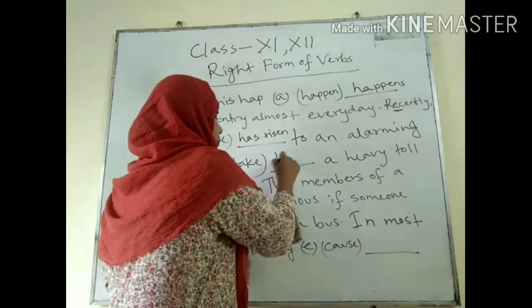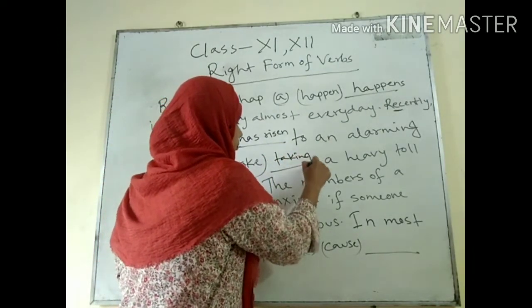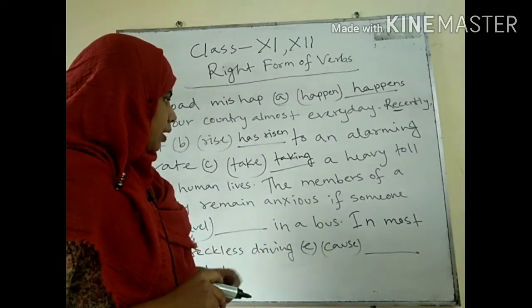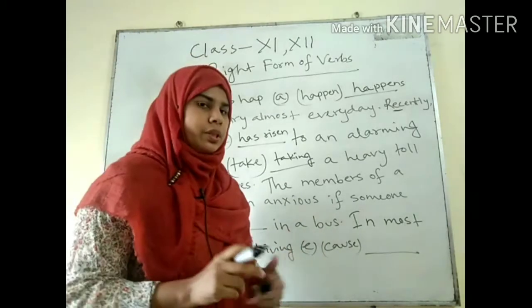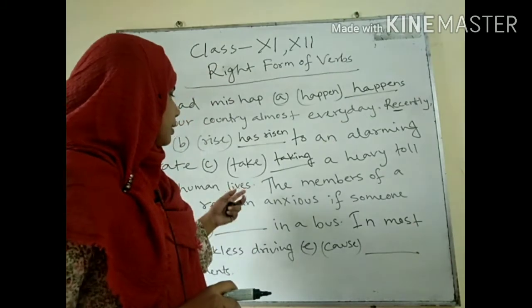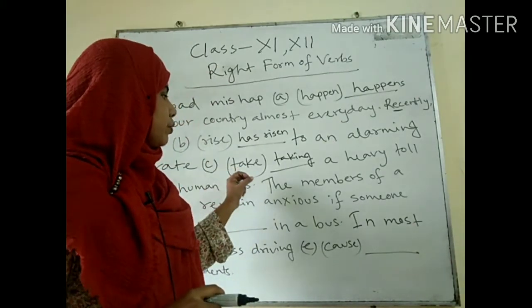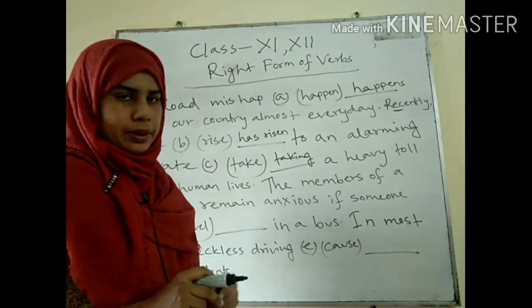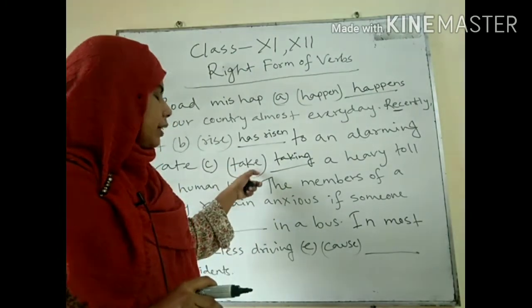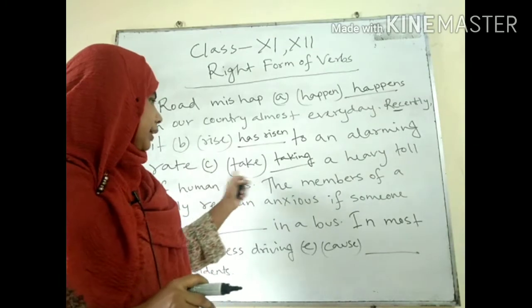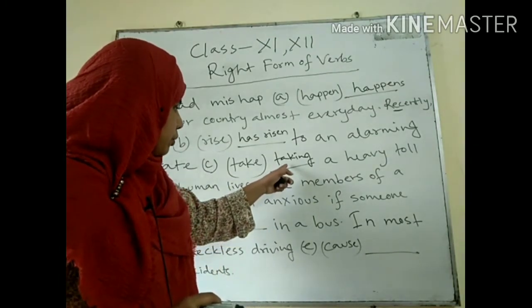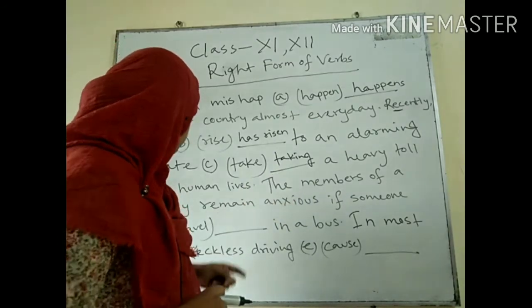Okay, taking a heavy toll of human lives. In your rules, you have learnt that in simple sentences the second verbs are either infinitive or present participle, but if we use infinitive here, it will not make any sense. So we have to add the ing with the verb.